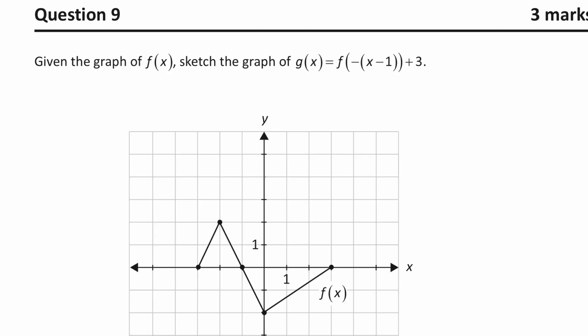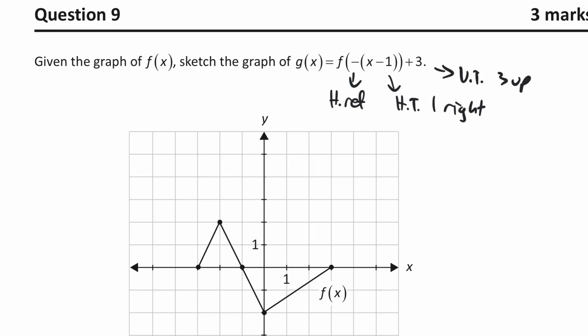Question 9. Given the graph of f(x), sketch the graph of g(x) equal to this equation. Well, let's unpack what each means. Here we have a horizontal reflection. Here we have a horizontal translation of 1 to the right. And here we have a vertical translation of 3 up.